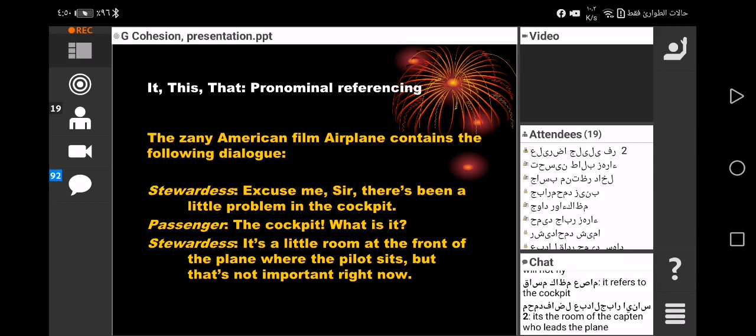No. If it refers to the cockpit, then the question is meaningless. It does not refer to the cockpit. It refers to the problem. The stewardess says, excuse me, sir, there's been a little problem in the cockpit. The cockpit? What is it? Well, it refers to the problem, not the cockpit.